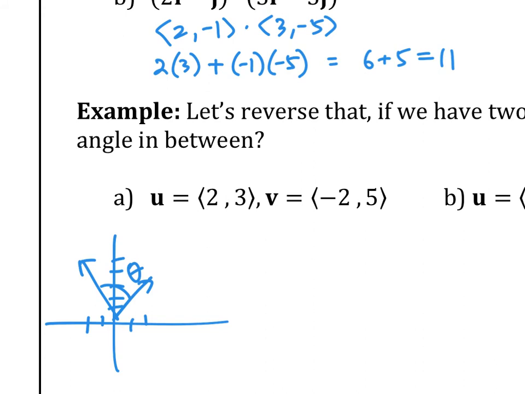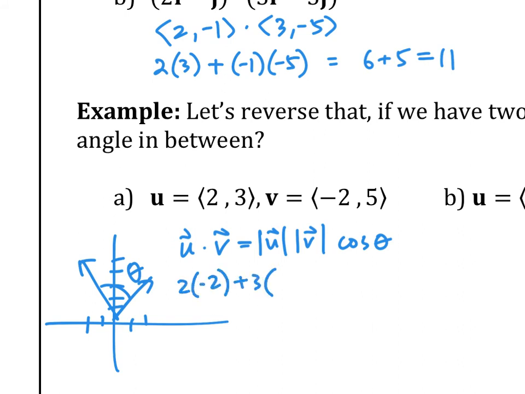All right, so here's how the dot product is going to help us. If we say u dot v, remember u dot v has a different definition. That is the magnitude of u times the magnitude of v, and then cosine of the angle in between them. So let's use that method to help us. In this first u dot v, I'm just going to do the x times x plus y times y method, so 2 times -2 plus 3 times 5.